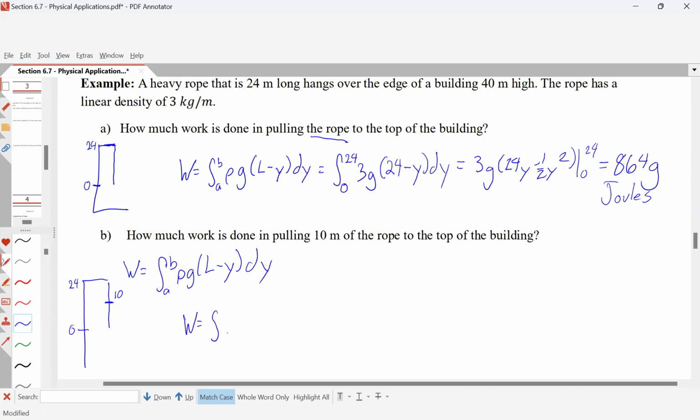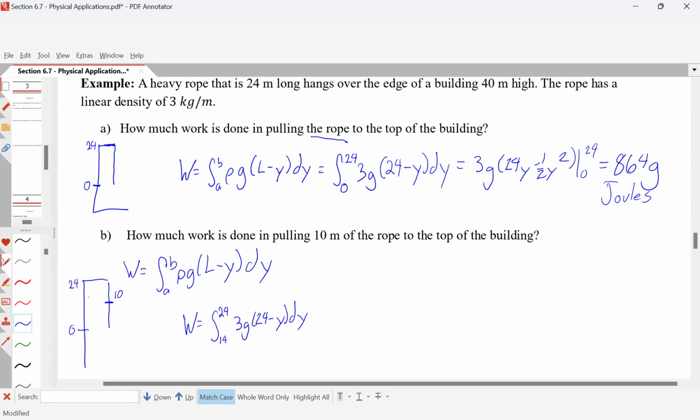So we have the integral from 14 to 24 of 3G times 24 minus y dy.